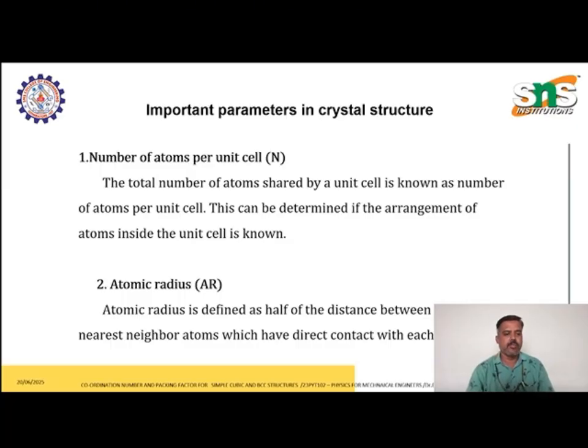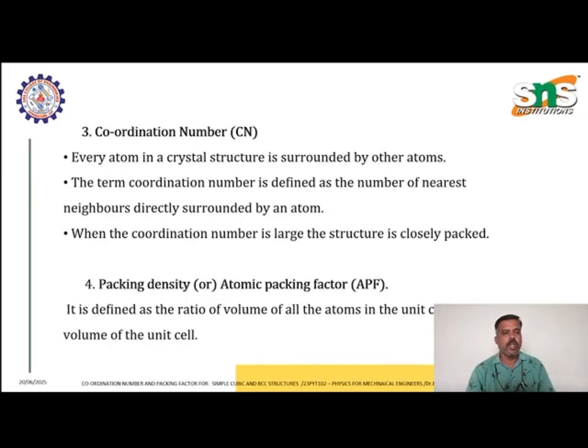The atoms occupy a lattice in a periodic formation, so we find the radius of the atom for this parameter. The atomic radius is defined as half of the distance between any two nearest neighbor atoms which have direct contact with each other.